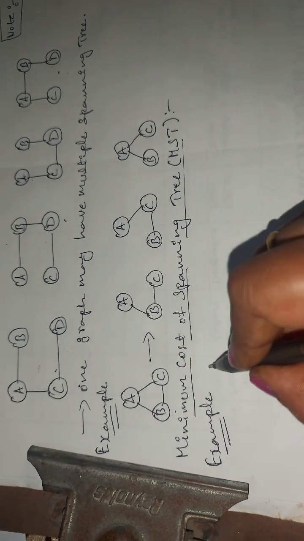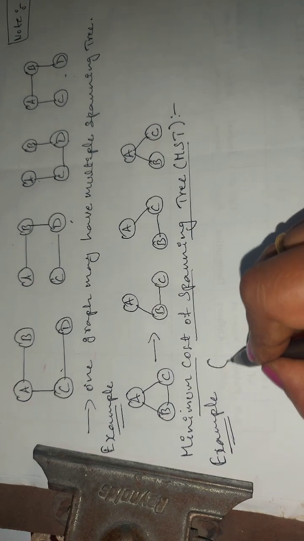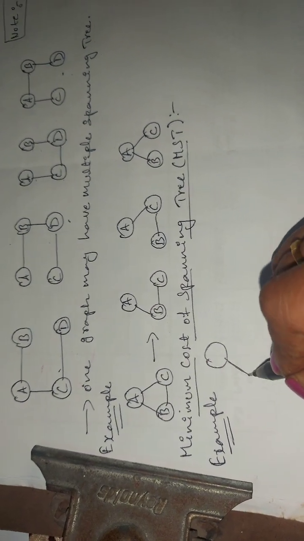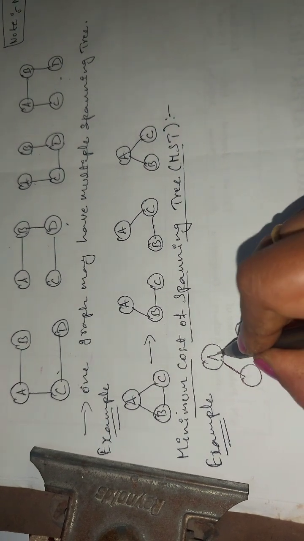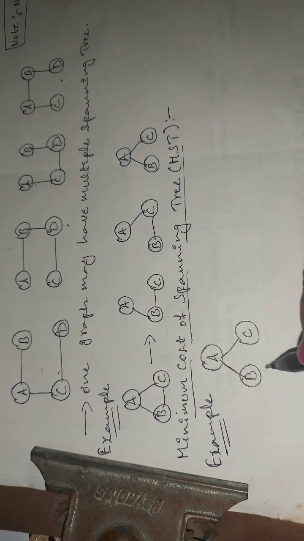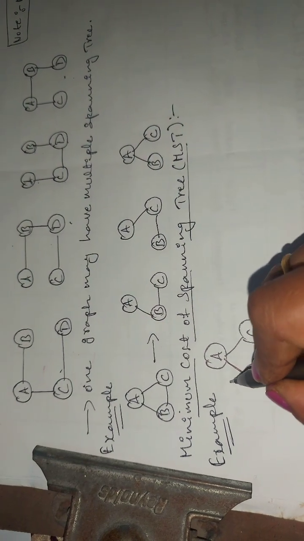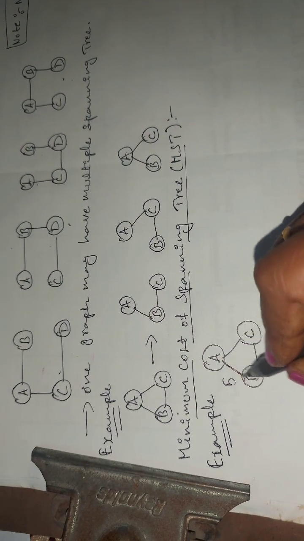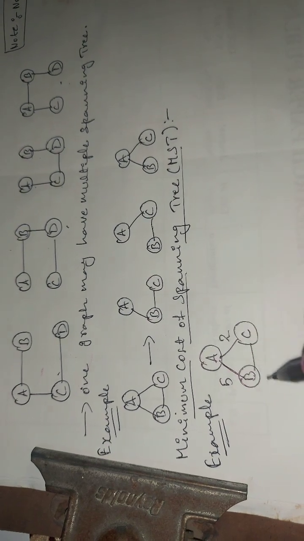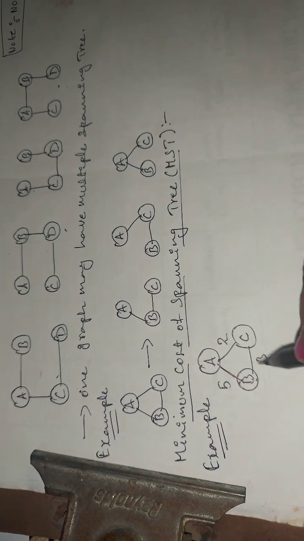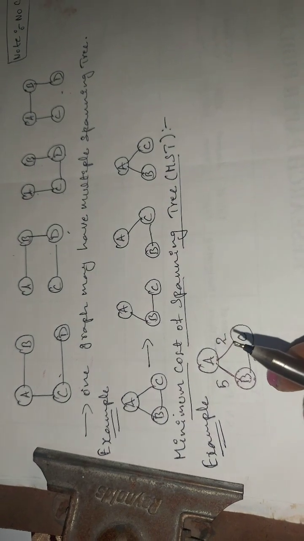Here I am taking the same example above, A, B, C, and the weight or cost of A to B is 5, A to C is 2, and B to C is 3. Let us assume these values.